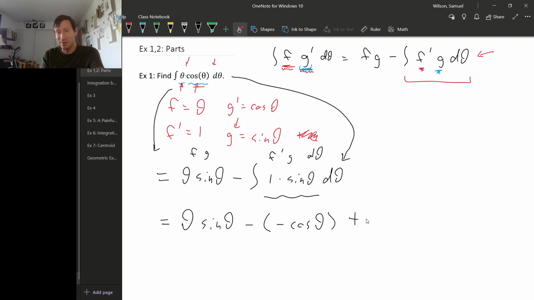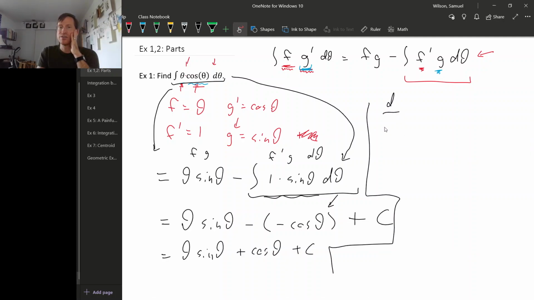Now we need to write plus a constant, because there aren't any more indefinite integrals in our expression. When we simplify, we get theta times sine theta plus cosine theta plus a constant. So integration by parts let us turn this tricky integral into an easier integral, which we then could evaluate using other tricks that we know.